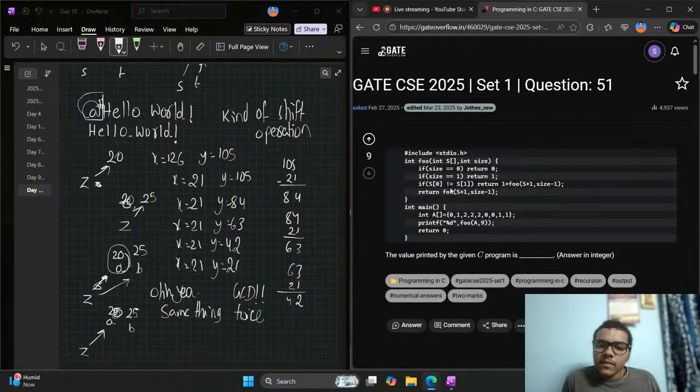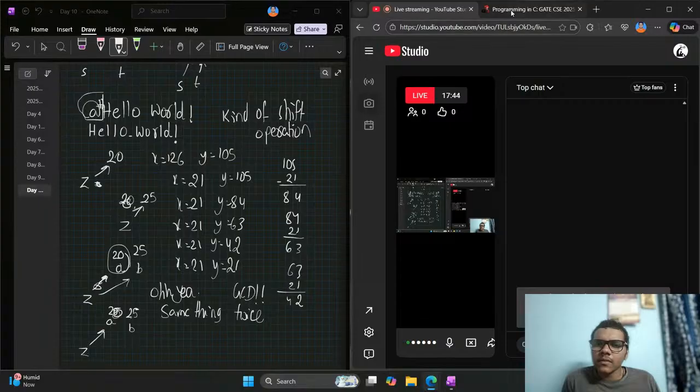If size is equals to 0, return 0. If size is equals to 1, return 1. This is a set 1 question.